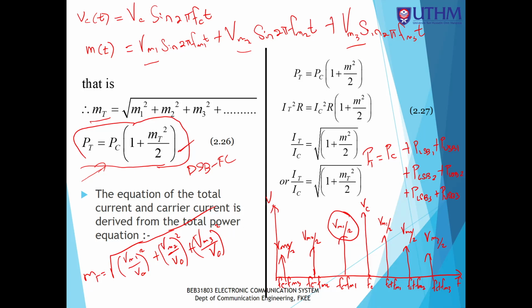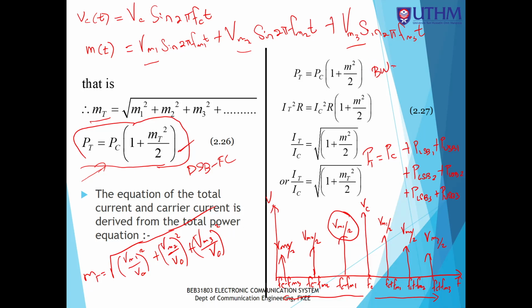So what about the bandwidth for this kind of example? This came out in the previous semester, so I explain here. If you have 3 input messages, the bandwidth goes until FM3. You see that the distance here is until FM3, so the distance is 2 times that.